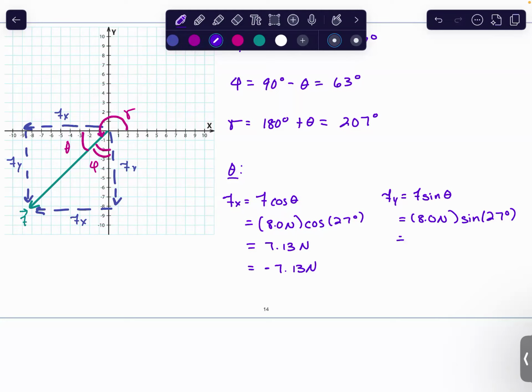You calculate this. 3.63 newtons, but Fy is pointing down. And we are going to drive vectors into the ground because especially next semester when you have to analyze fields, you want to make sure that you can do these without thinking about it.